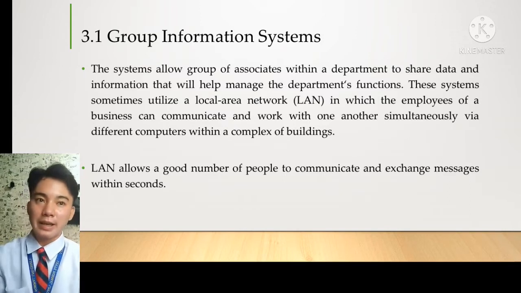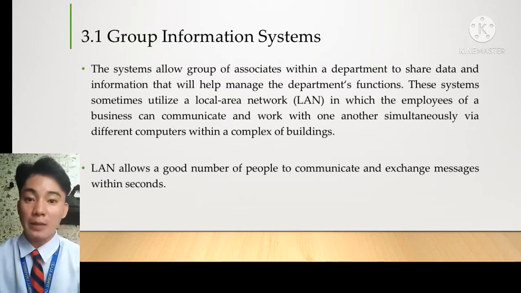So a LAN can be called a LAN only when it is used in one establishment.